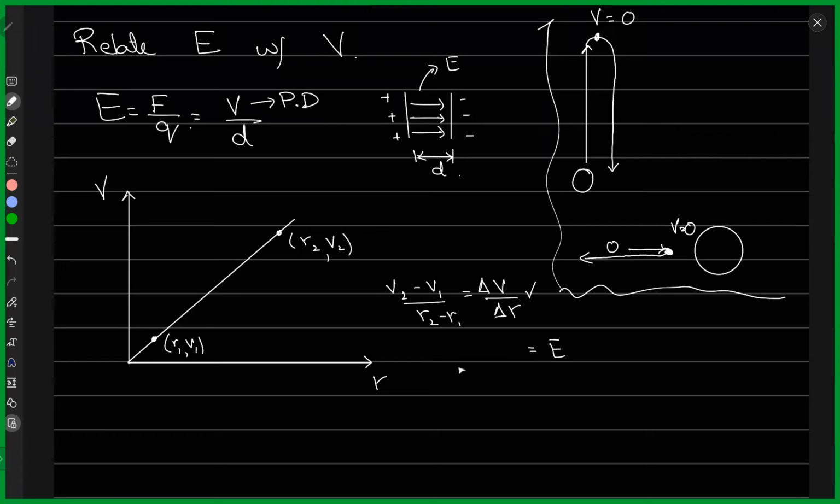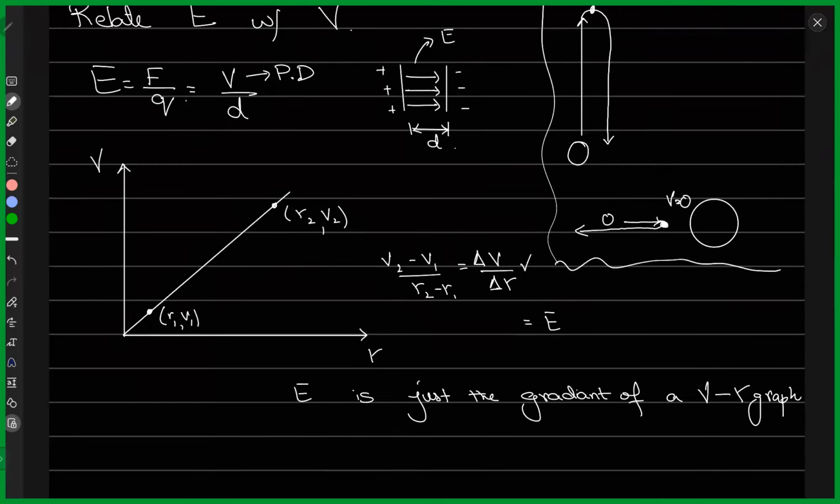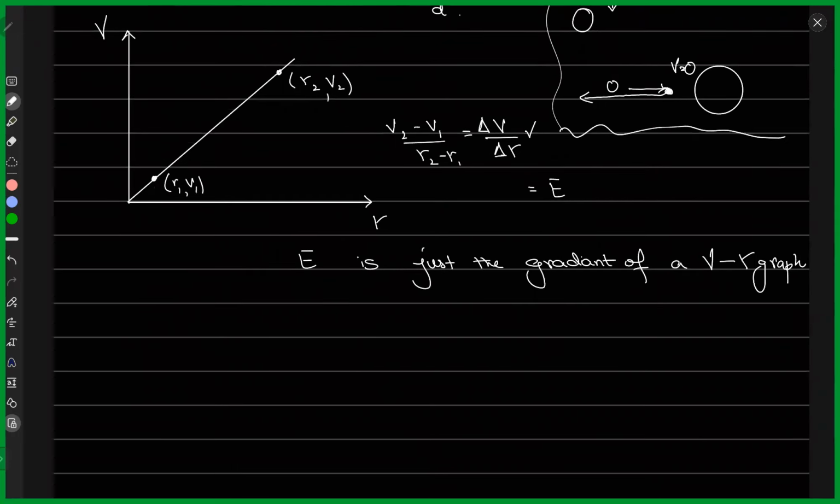This is essentially the electric field strength, which means that if I want to compute electric field strength, it is just the gradient of a potential versus distance graph. Computing the electric field strength is very simple. Suppose that you have a graph that looks something like this.